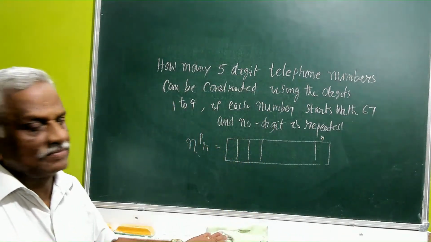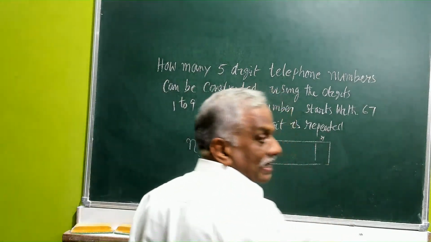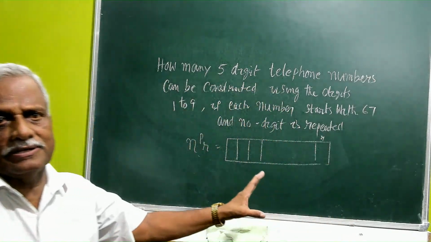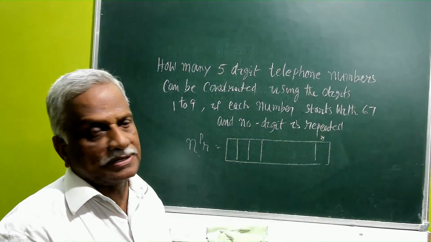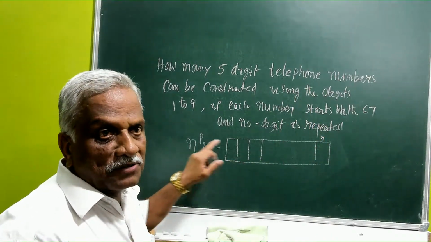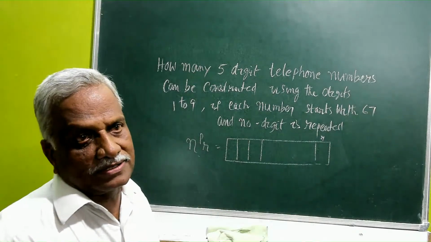We have done this in the derivation, but here I'm just recalling it so that working these problems becomes easy. nPr means you have to fill r boxes with n objects.